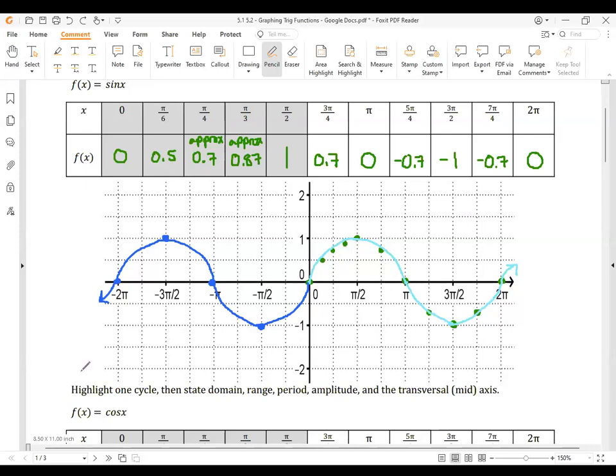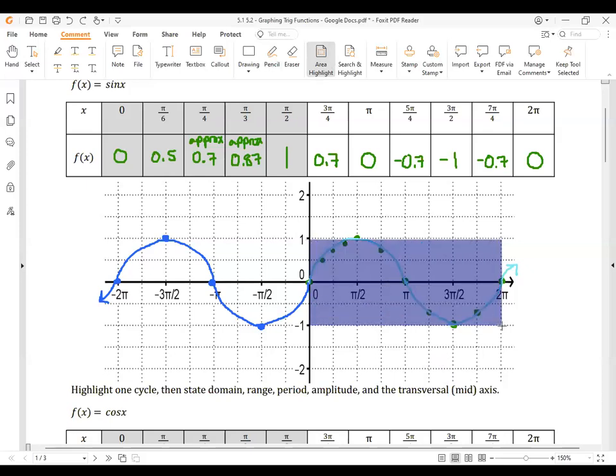Right underneath, there's a sentence that says, highlight one cycle, state the domain, range, period, and amplitude, and the transversal or mid-axis. Why do I get you to do this? It's going to be useful on Monday. Domain, one cycle from 0 to 2 pi is one cycle, right?